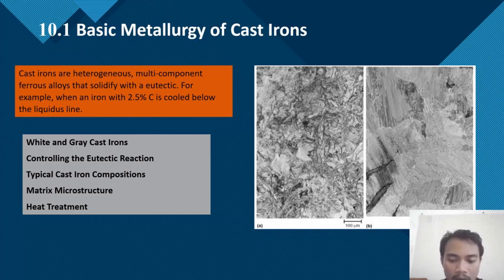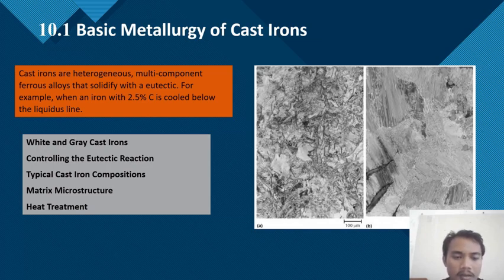For example, when an iron with 2.5% C is cooled below the liquidus line. In white and gray cast iron, the iron solidifying with an austenite-graphite eutectic has a gray fracture surface appearance, while the one solidifying with an austenite-Fe3C eutectic exhibits a white fracture surface. Sometimes a mixed structure of gray plus white, known as mottled, may occur.